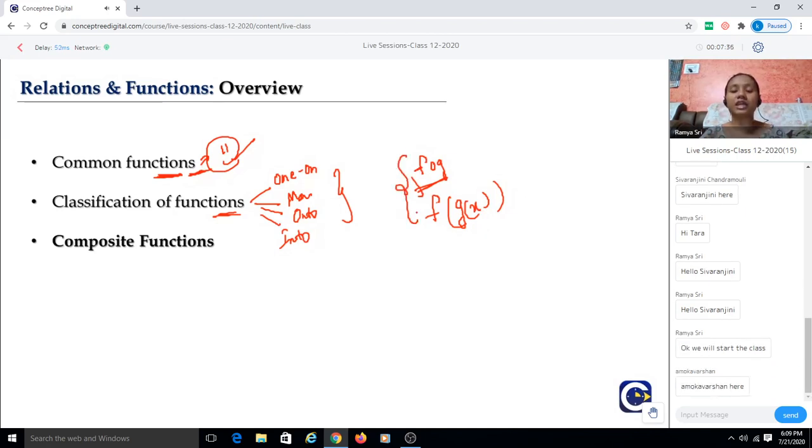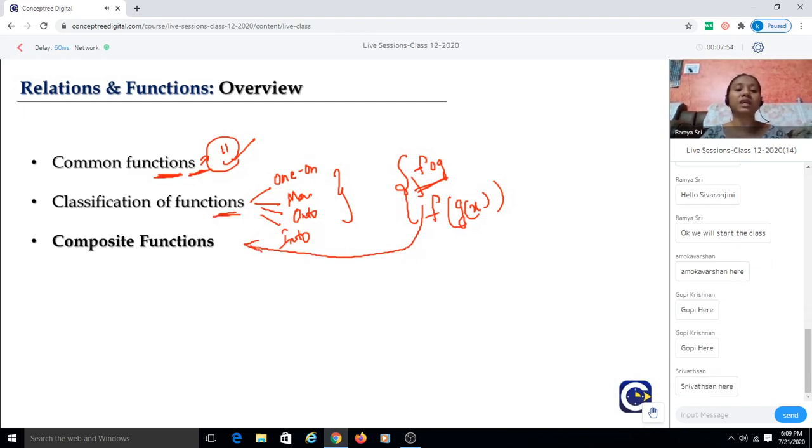I even gave you some questions with these representations while doing the 11th standard. These are our composite functions, which we are going to cover now.